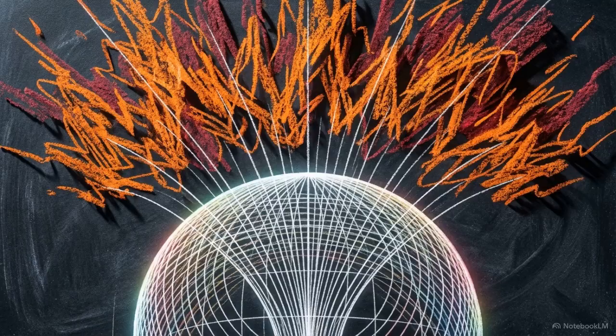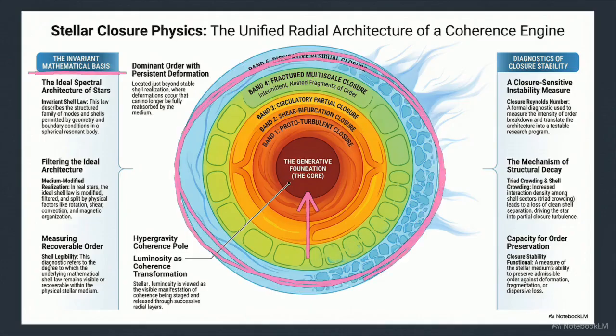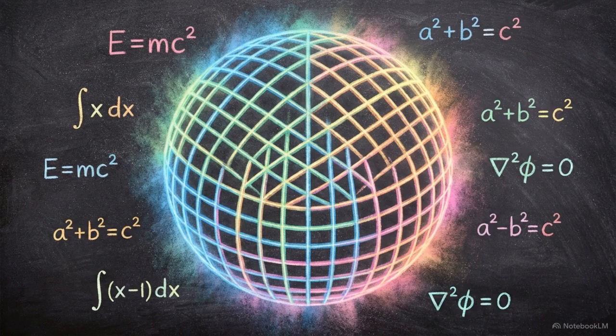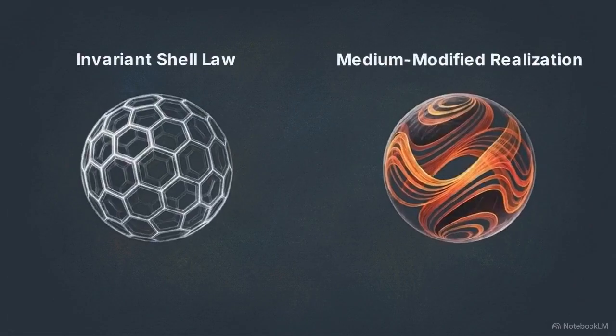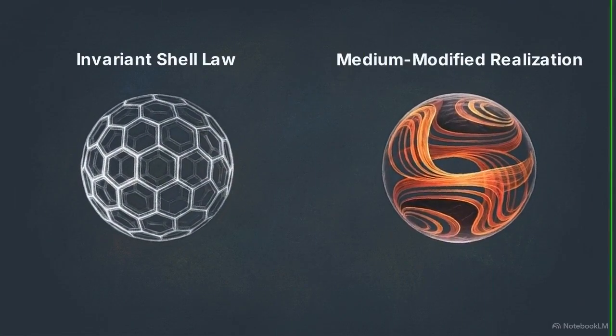This complete schematic reveals the fully mapped radial architecture. It unifies the generative core, the mathematical law, and all 5 bands of turbulence into one cohesive system. Under this model, stellar luminosity acts as a process of staged coherence transformation and release. To verify this cascade, researchers apply a final critical diagnostic, shell legibility.